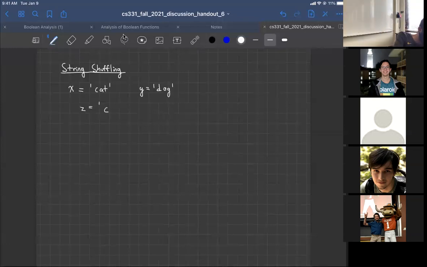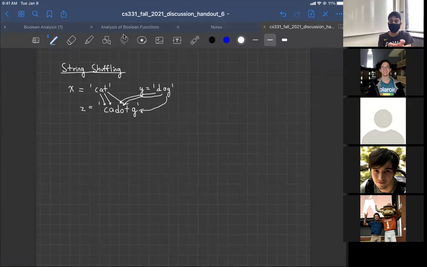So for example, CADOTG is a valid shuffling because you're taking the letters of cat in order and you're taking the letters of dog in order, but you're shuffling them in some way.